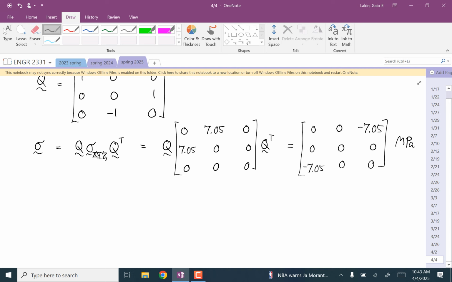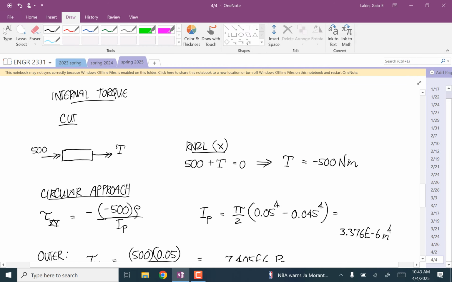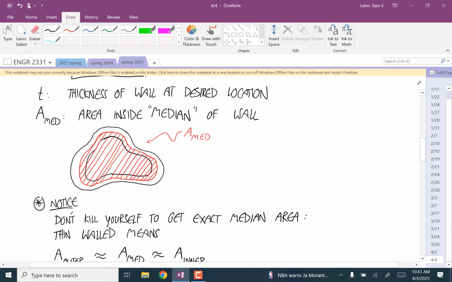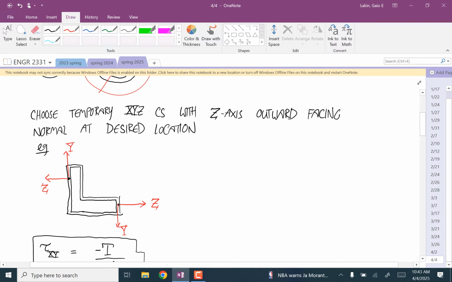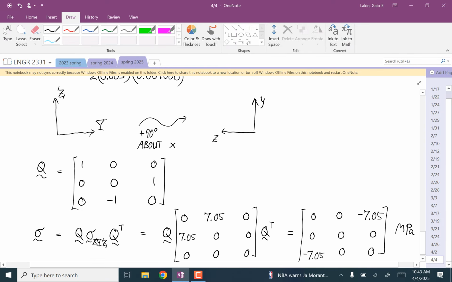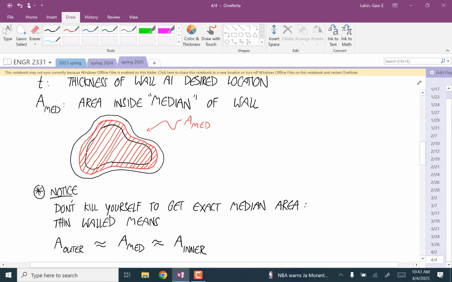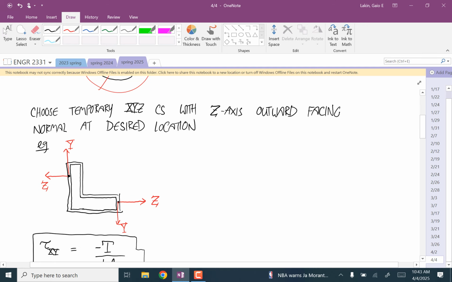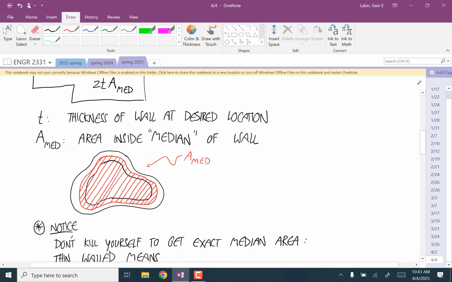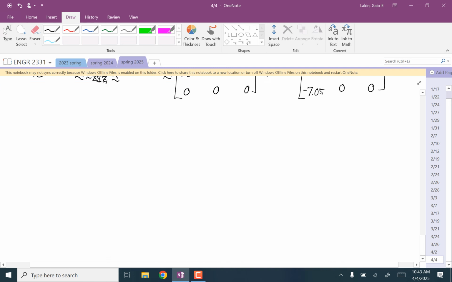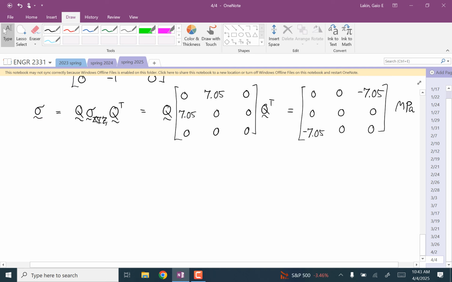We only use polar moment of inertia for circular cross sections, so you only need one formula, which I gave you at the start of this problem: R outer to the fourth minus R inner to the fourth, times pi over 2.